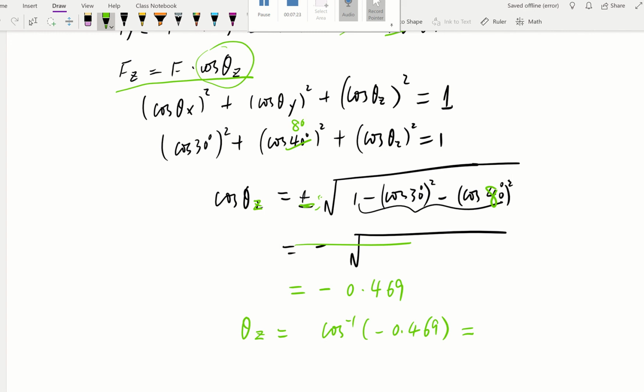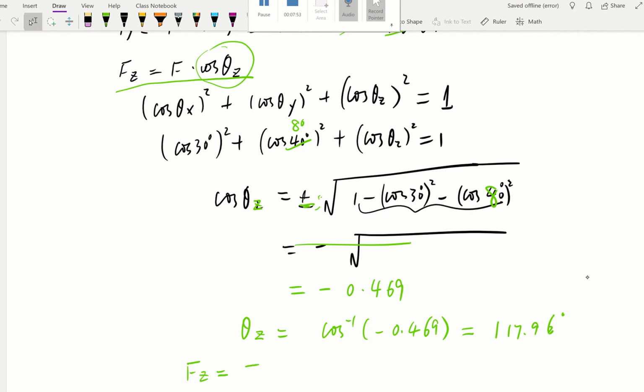The inverse of that will give us 62, but we're going to subtract from 180 because it's going to be in the second quadrant. It's going to be 117.96 degrees.